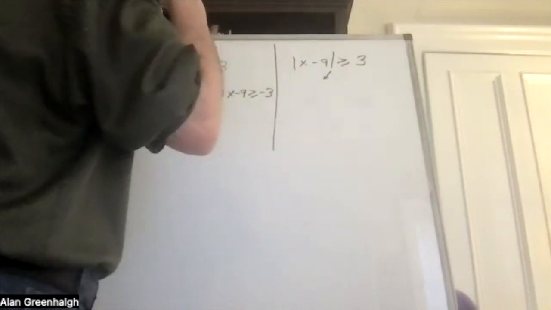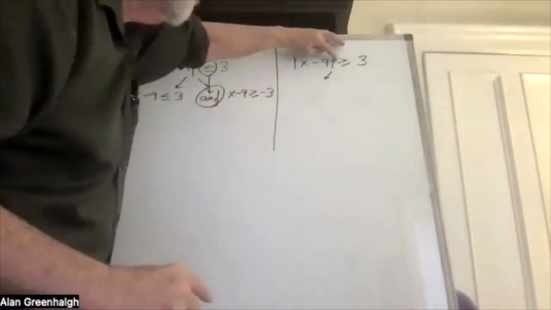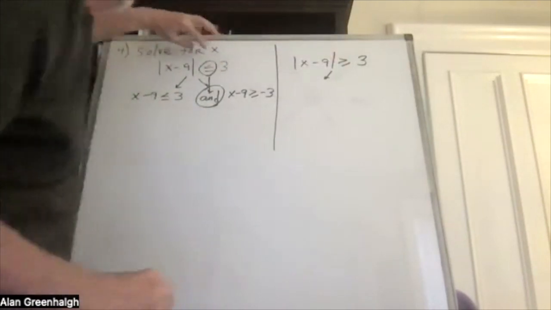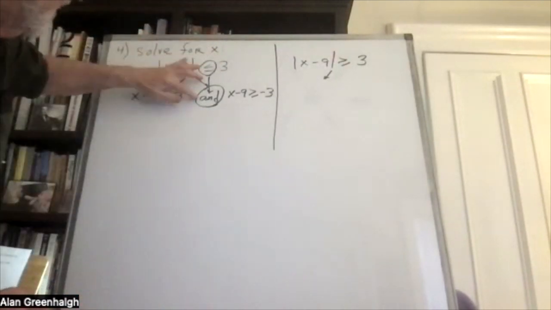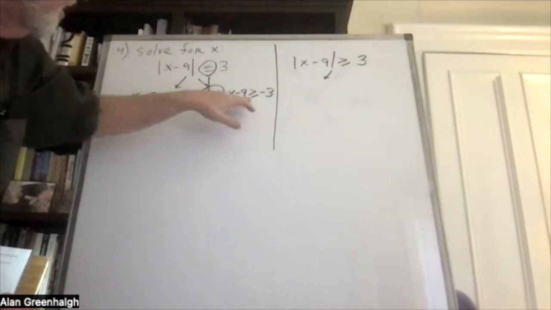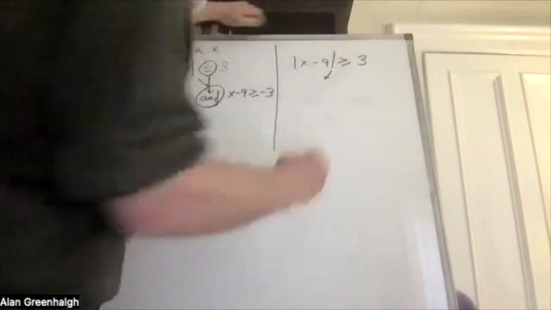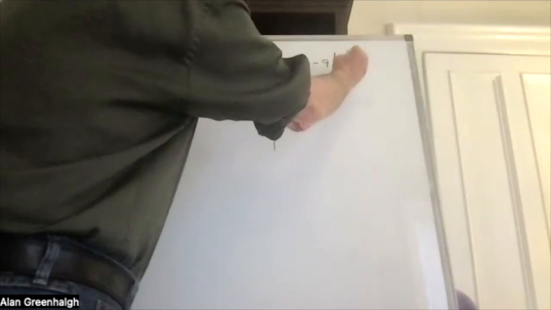But the other possibility would be if you have a greater than sign, then you see here it's an "and", this is the way you set it up. This symbol, the greater than, is an "or".